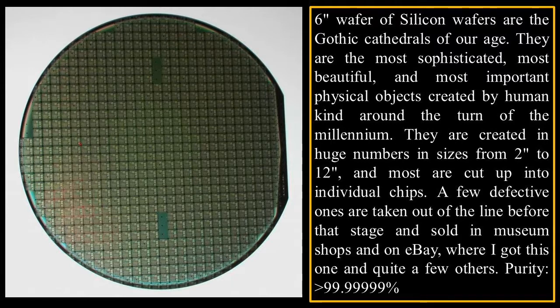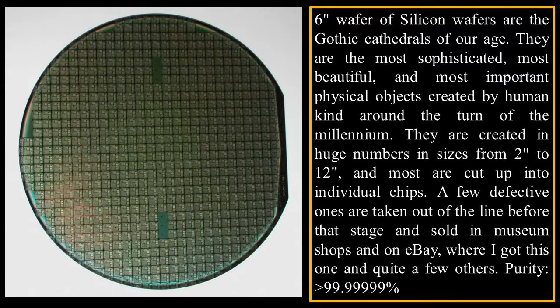A 6-inch, very big, 6-inch wafer of silicon. Wafers are the Gothic cathedrals of our age. They are the most sophisticated, most beautiful, and most important physical object created by humankind around the turn of the millennium. They are created in huge numbers in sizes from 2-inch to 12-inch, and most are cut up into individual chips.